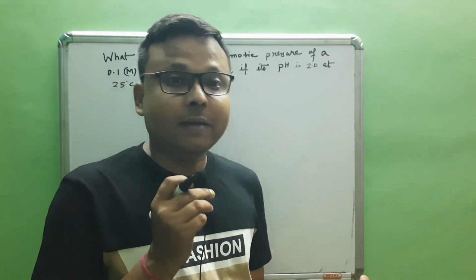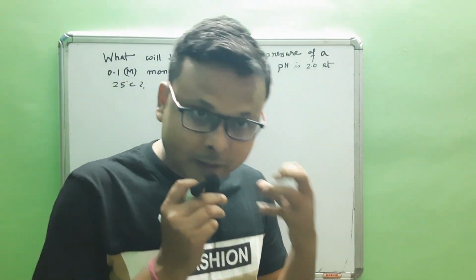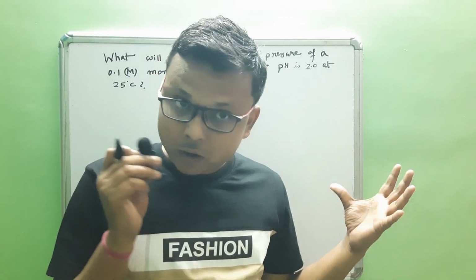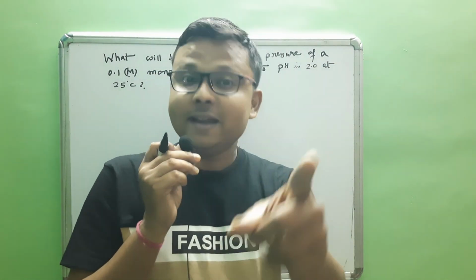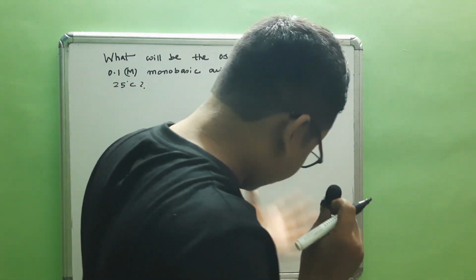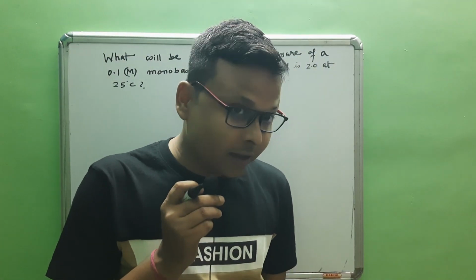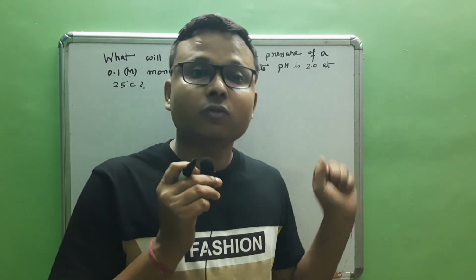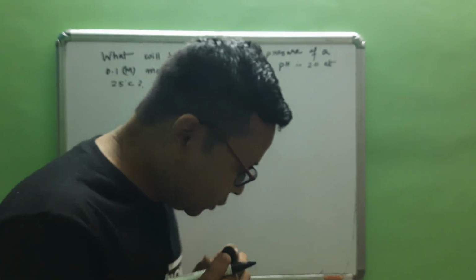If we can derive alpha, the degree of dissociation of the monobasic acid or any other weak electrolyte, then we can easily derive the van't Hoff factor and answer it. Okay, my dear student, let's start.